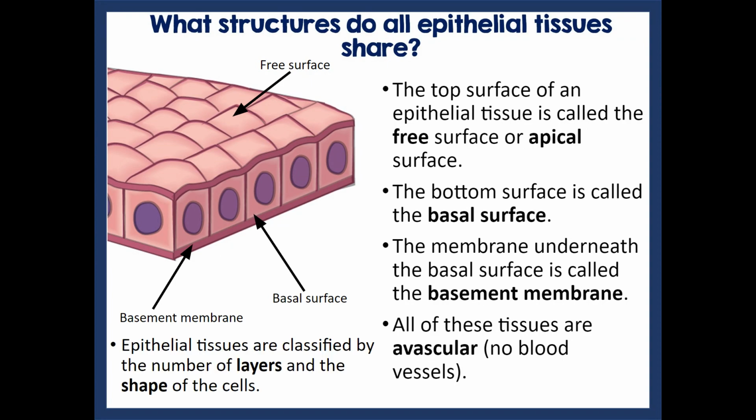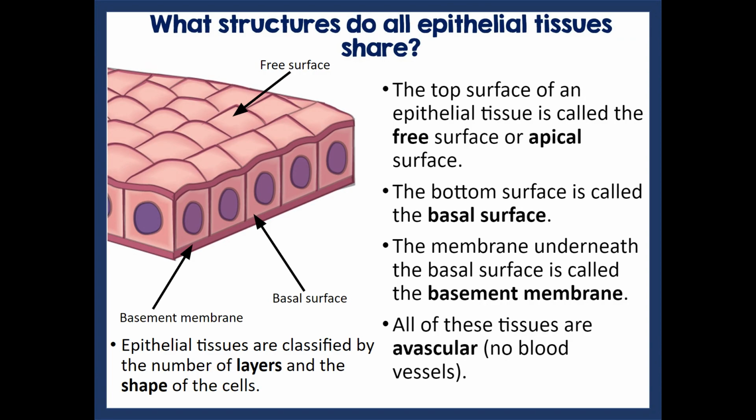Now, epithelial tissues are going to be classified. Remember, one of my goals in this video is not only to go over the functions, which I went over last slide, and not only the structures. I've gone over some of the structures here, and we'll talk about those a little bit more as well. But I also want to help you classify epithelial tissues.